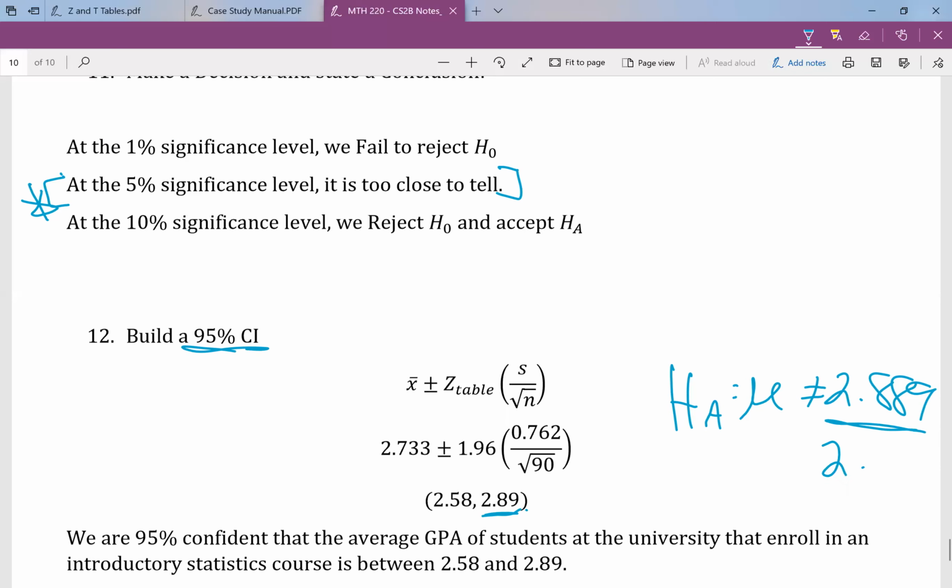Again, if we round to 2 decimal places, it's 2.89. It is just right there on the edge, which helps support our decision that it's too close to tell. It's just a little too close to make a very definitive choice one way or another with this data set.